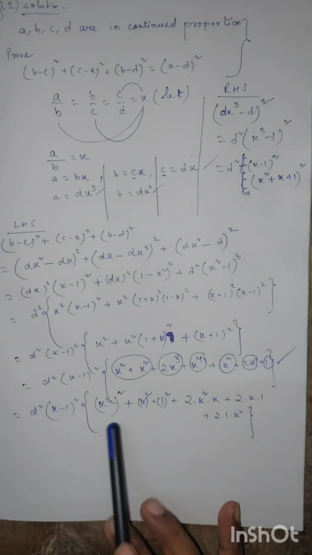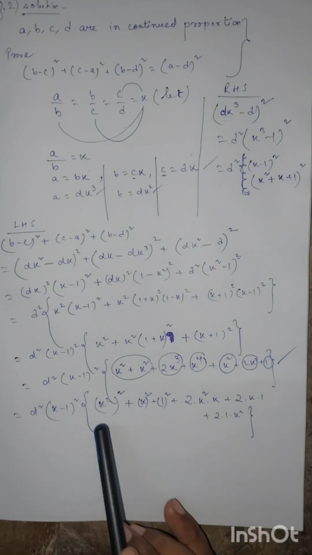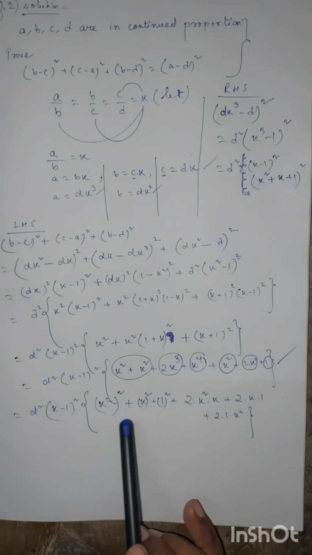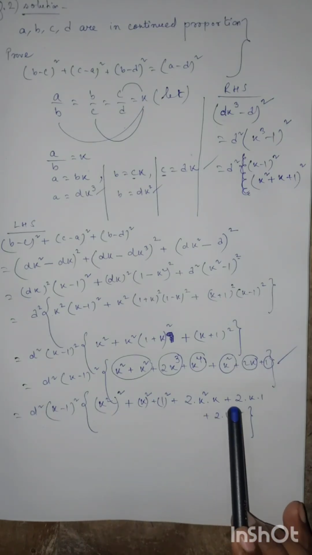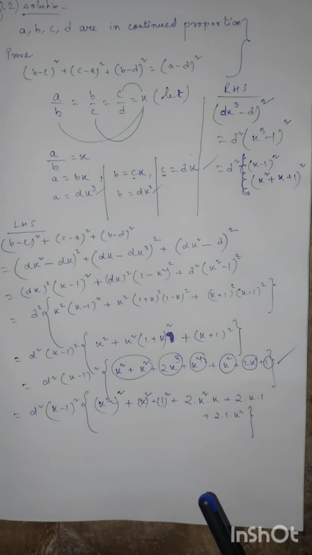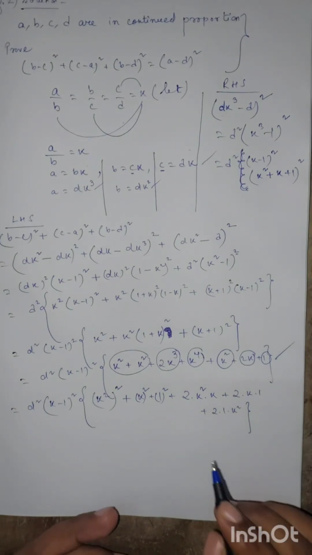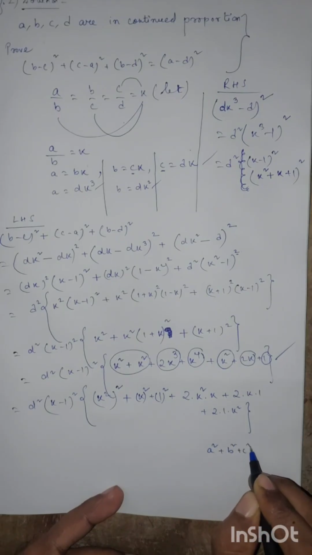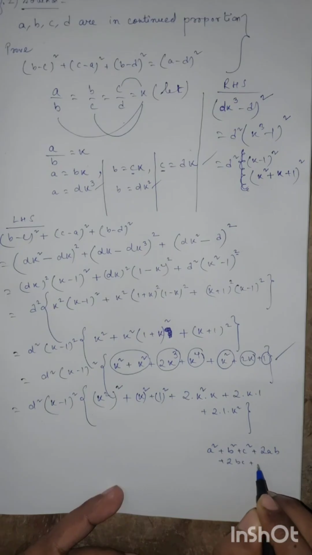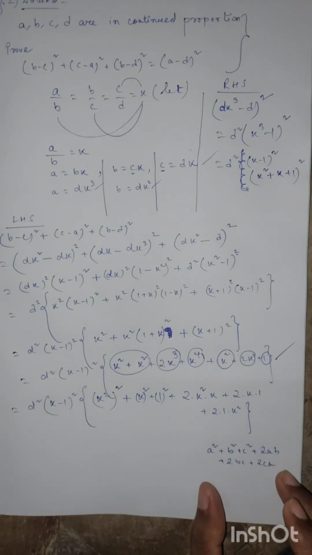That means a square plus b square plus c square plus 2ab plus 2bc plus 2ca. We are getting this pattern.